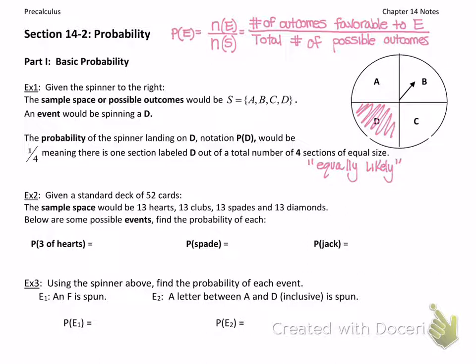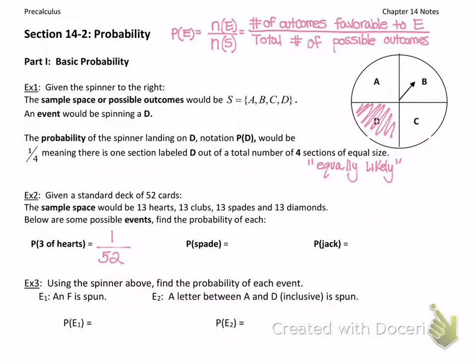Okay, so given a standard deck of cards, the sample space would be 13 hearts, 13 clubs, 13 spades, and 13 diamonds. Below are some possible events, so let's find the probability of each. The probability of choosing the 3 of hearts is one card, your part, out of all 52 cards you have to choose from.